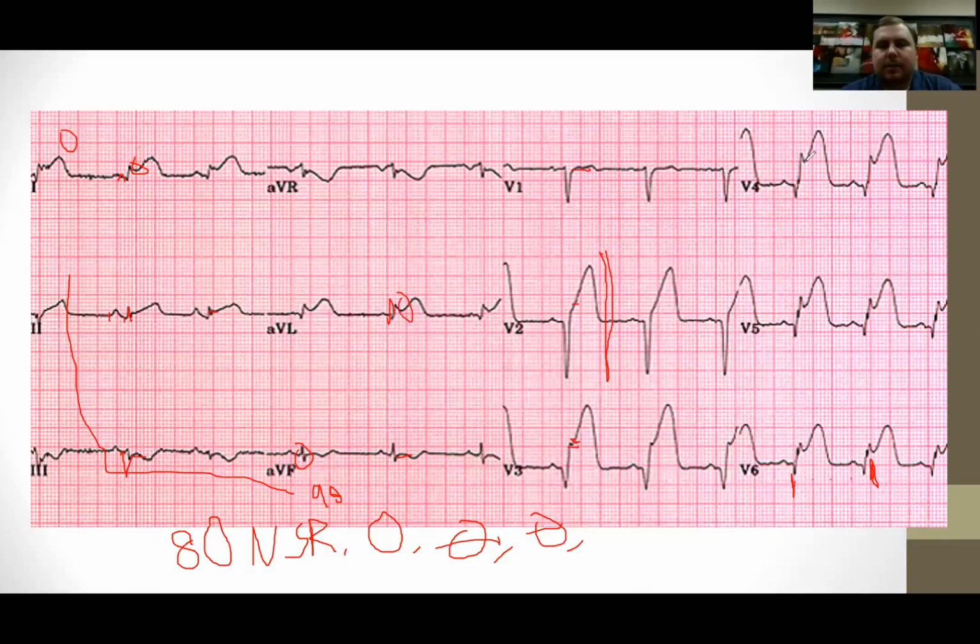ST elevation is right here, ST elevation is right here, ST elevation. So I have a whole bunch of ST elevation with some ST depression. I'll also look at the T waves. Clearly there's huge T waves out in the V leads, and then T waves that are huge compared to the QRS out in lead 1 and aVL, and then T wave inversions down in 3 and aVF. So this would be a normal sinus rhythm at a rate of 80, normal axis, normal intervals, no enlargement, and an anterior lateral MI.